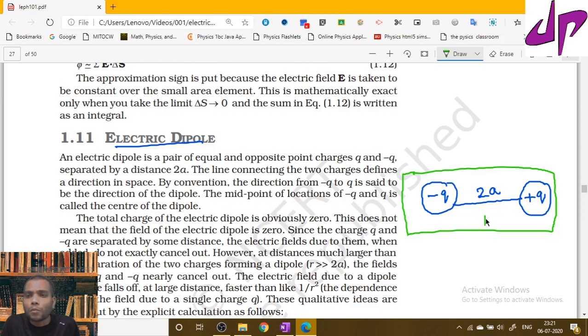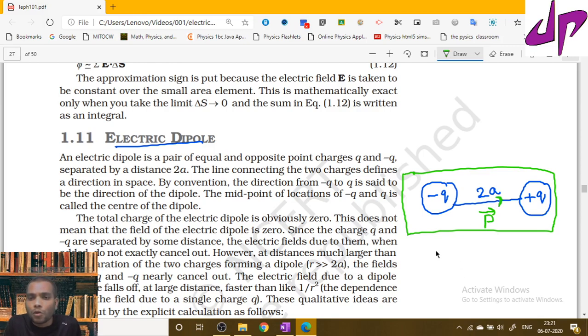The electric dipole has a dipole moment, which we represent with p bar. The dipole moment direction is from negative to positive charge.